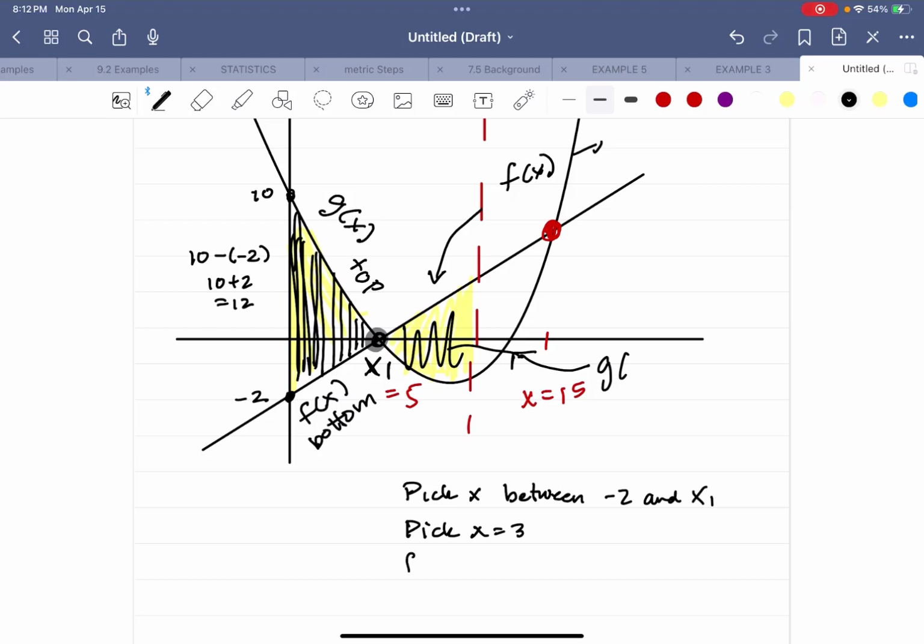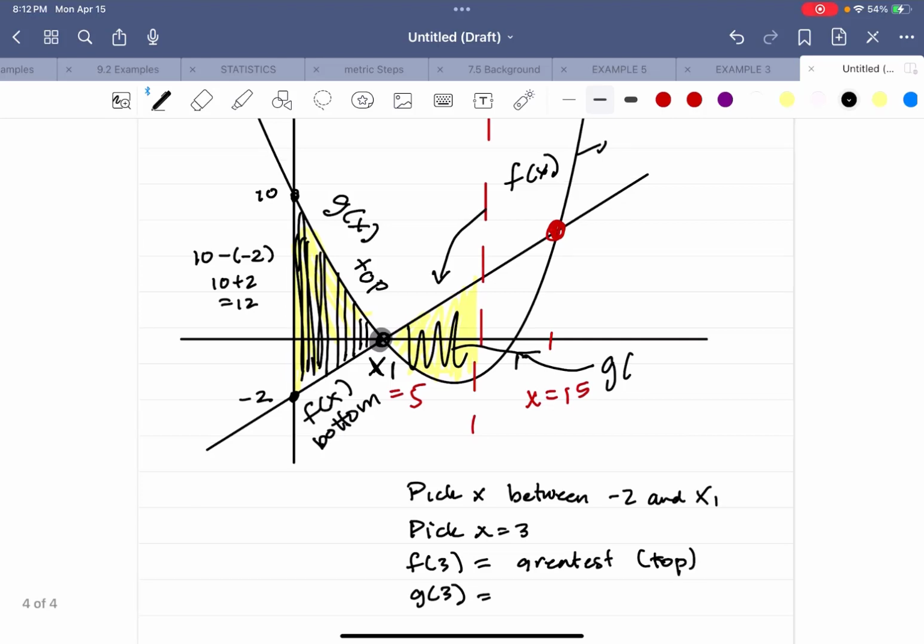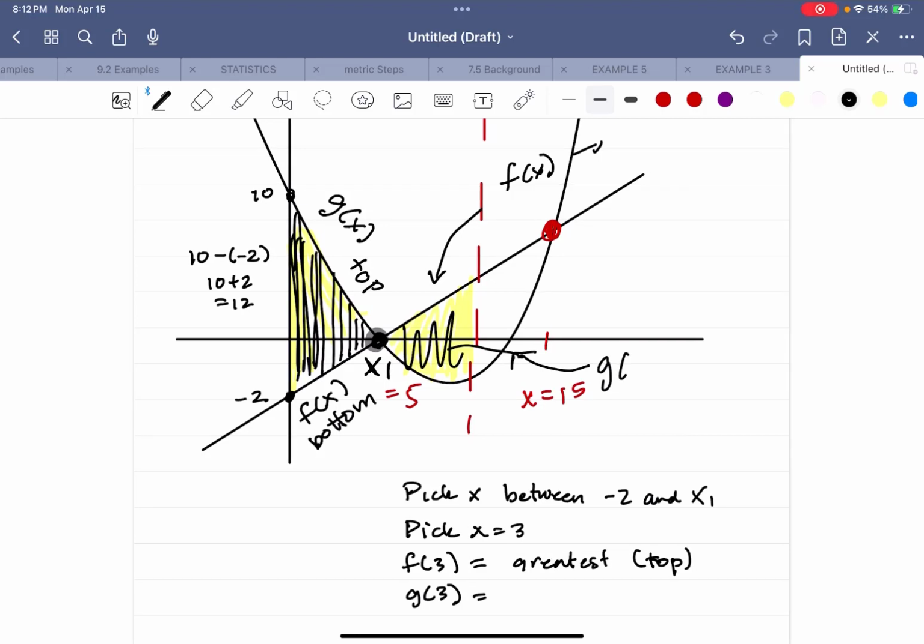And you do f of 3 and g of 3, and whichever one is the greatest would be the function that's on top. You know they intersect there. Even if you didn't know what the shape looked like, you would just evaluate each function, and whichever one is the biggest would be the function that you would put on top. So that's what you're going to see.